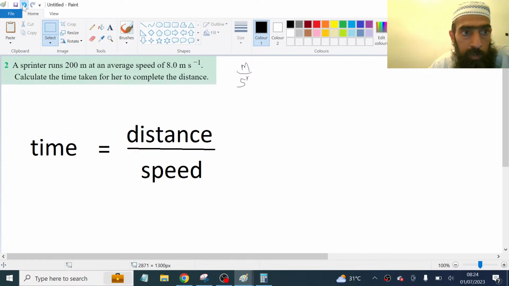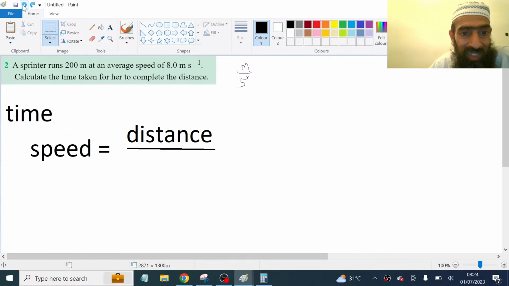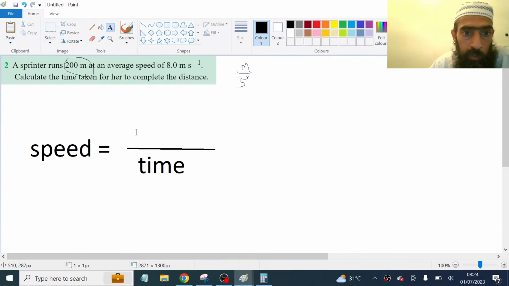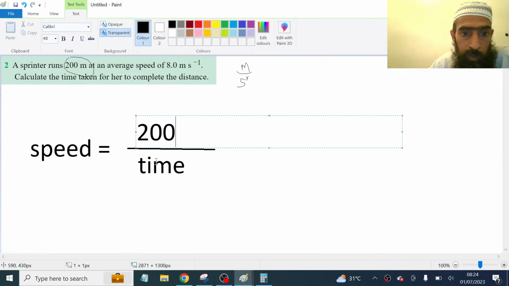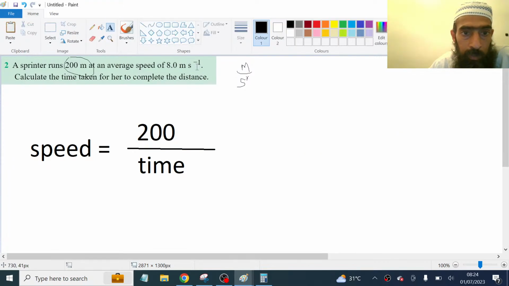I prefer to do my rearranging at the end rather than at the beginning, so I prefer to put the numbers in. So let's put in the numbers. We've got 200 meters, that's the distance, so that can go here. And then we've got the units for the speed is meters per second.